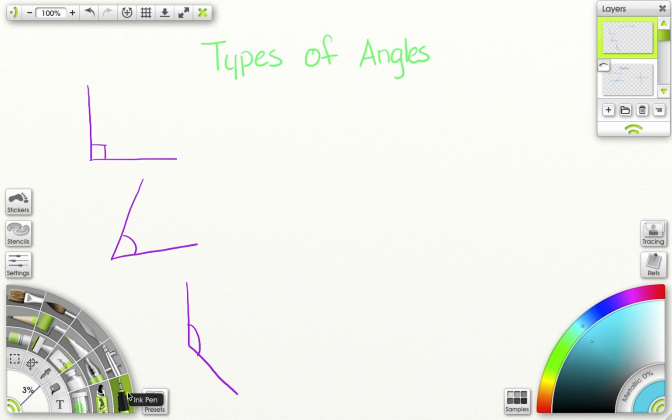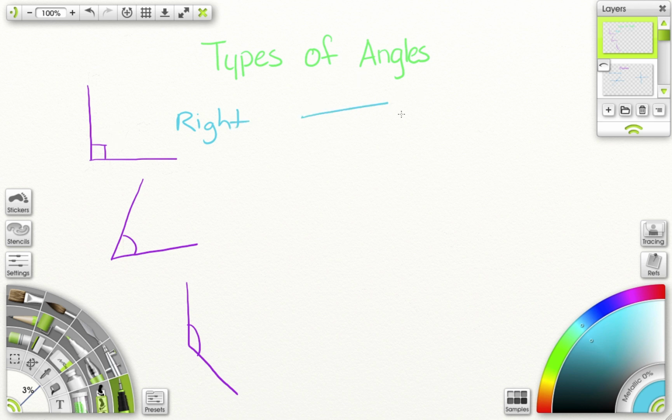Right off the bat, this angle here, one that we really are going to focus on more so today, is called a right angle. You'll know it's a right angle because you'll notice how these angles right here have a circular thing that goes around the point. This one is square. So a right angle usually has this square looking thing in the corner.